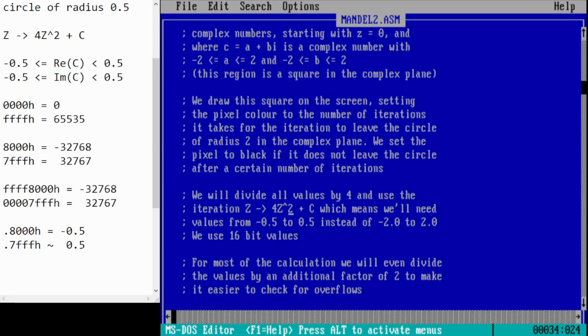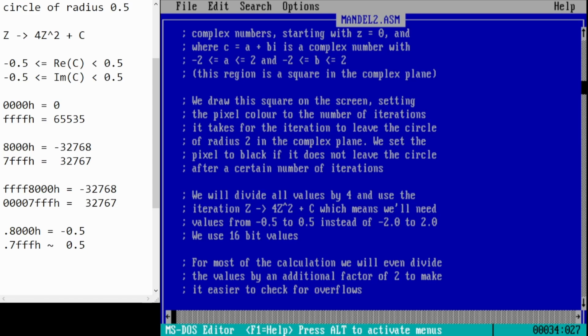Now we could handle this just by checking whether the value comes back into range again when we add the c. In fact, this might even be possible. It's probably just going to be another overflow, so we could just count overflows here. But that's a bit messy, so what we're going to do instead is just prevent the overflow. And that's why we're going to work with values shifted right by this additional bit, so that the overflow can't occur at this point.